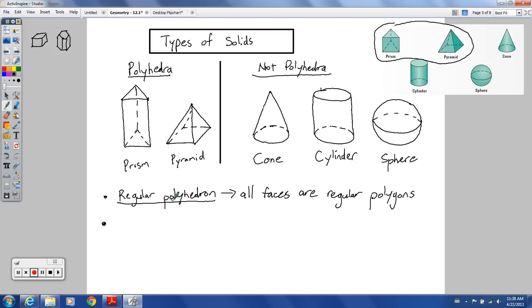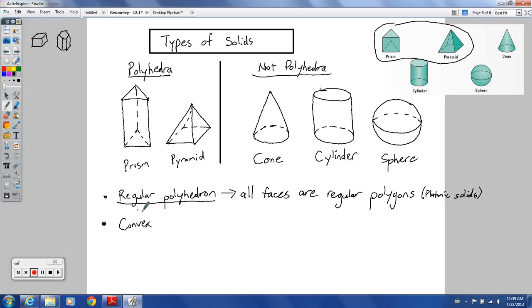And you may hear this called Platonic solids as well. I think that's worth noting. Platonic solids is another name for that. And if you've heard of the philosopher Plato, it's actually named in honor of him. We'll talk about what those are in a little bit, or what kinds you can actually make.